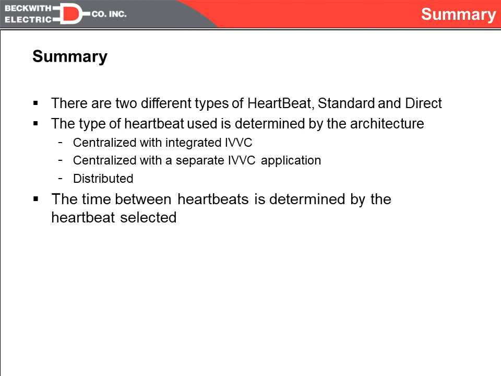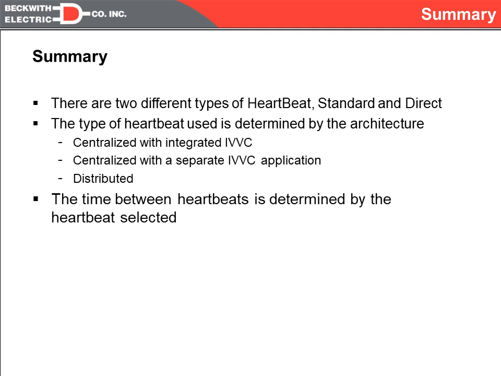So in summary, the heartbeat for IVVC is used to allow field devices to know whether the centralized system is up and running, and therefore to inform the local control as to whether it needs to stay in a remote manual position or return to a local automatic position. And the type of heartbeat used, standard versus direct, is going to be determined by the architecture. And the time between when we've got to send heartbeats out is going to be determined by the type of heartbeat.